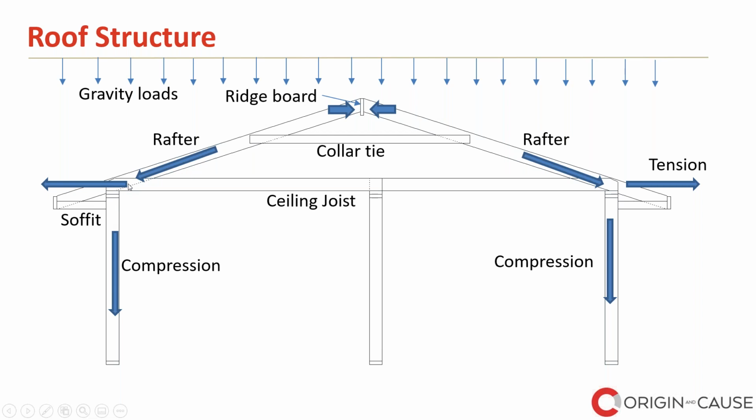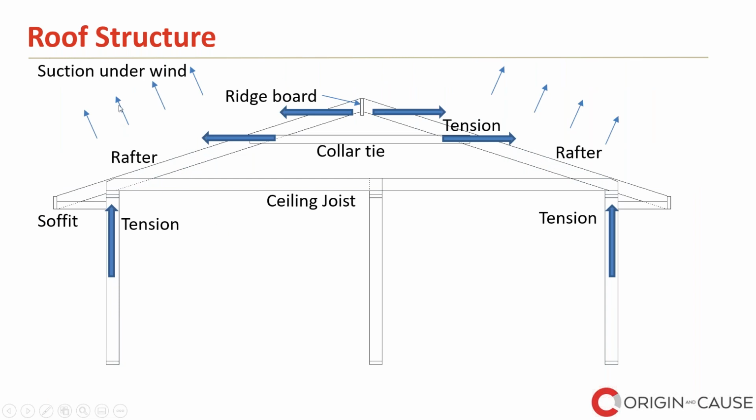The other part of it creates a horizontal force, which we call outward thrust force, which is carried by the ceiling joists. So this outward thrust force generates tension force in the ceiling joist. Now, this system is a complete load path: rafters, ceiling joist, and columns.